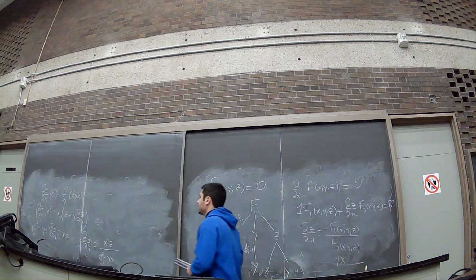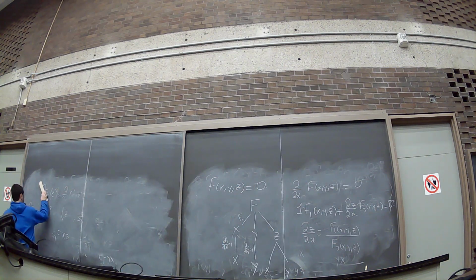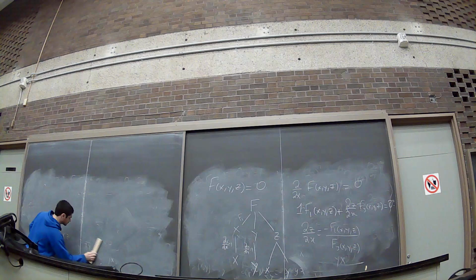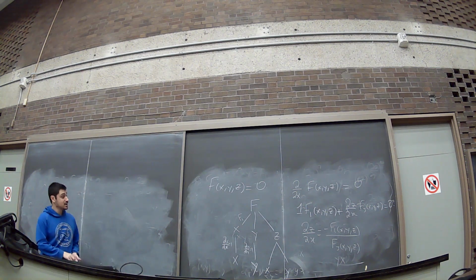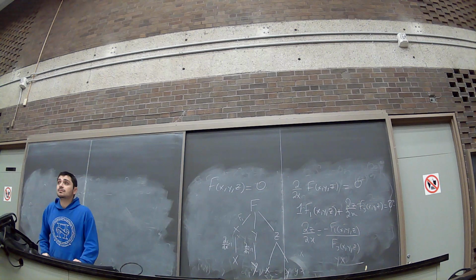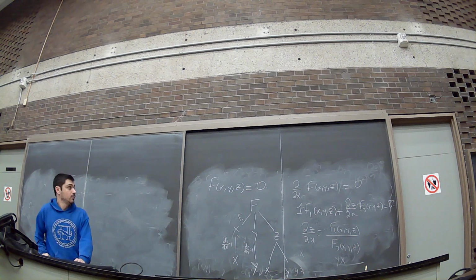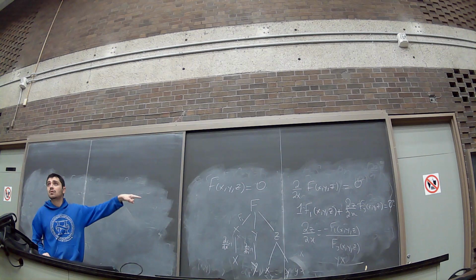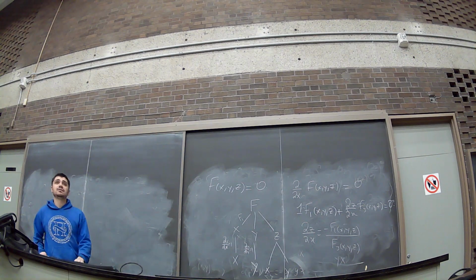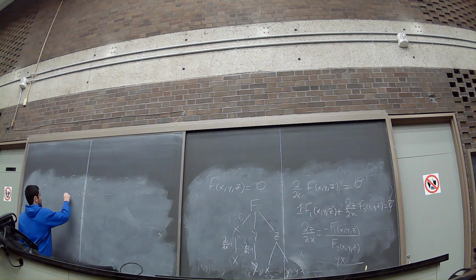What is del z del y? Anyone can help? In the same way. Del z del y, what is that? Who wants to help with del z del y? I take the derivative of f(x, y, z) with respect to y. What is del z del y? Very good, thank you very much.